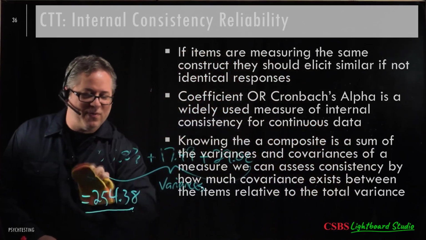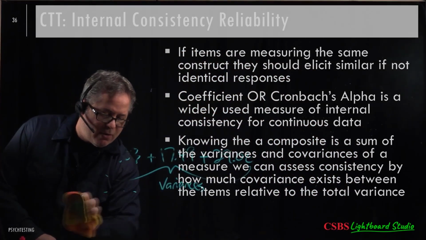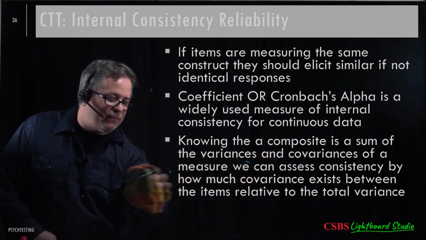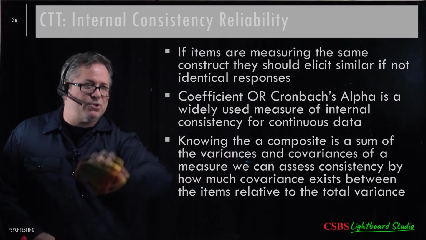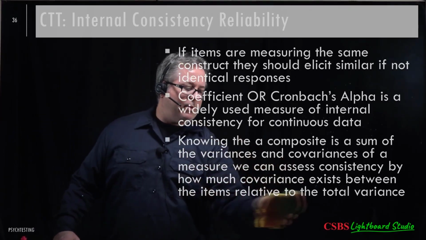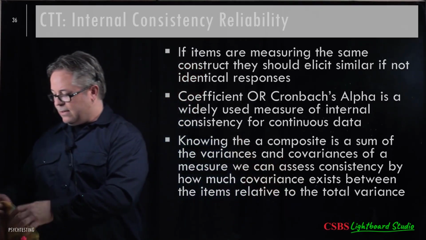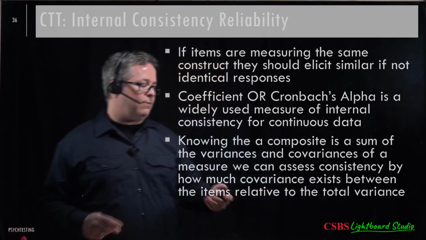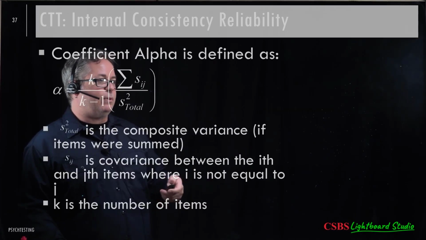All right, so how do we start to measure the level of consistency across multiple items? We touched on it a little bit. We can look at their covariances and think about how much covariance there is relative to the amount of variance in each item. And that's where we can back up.